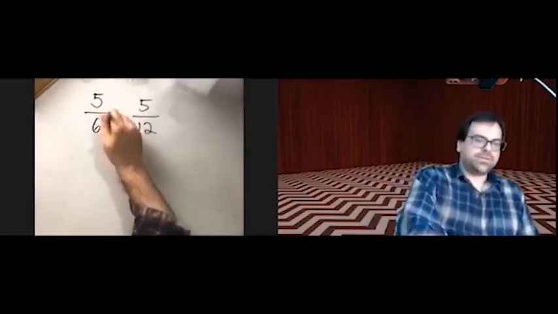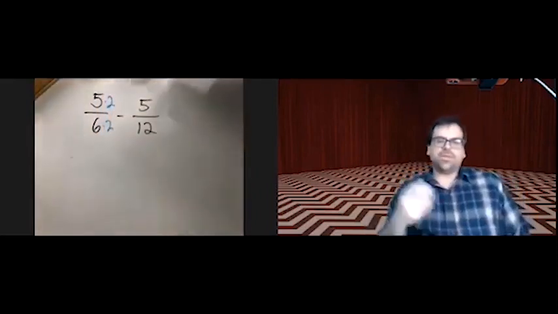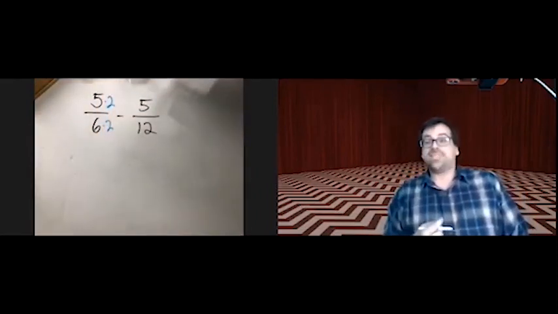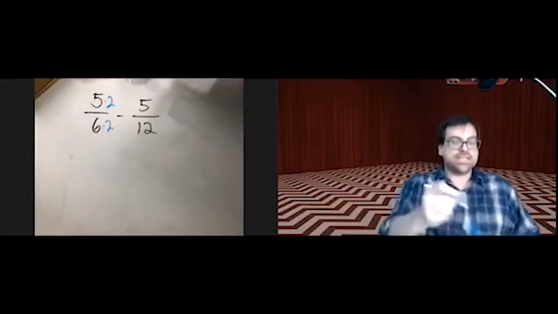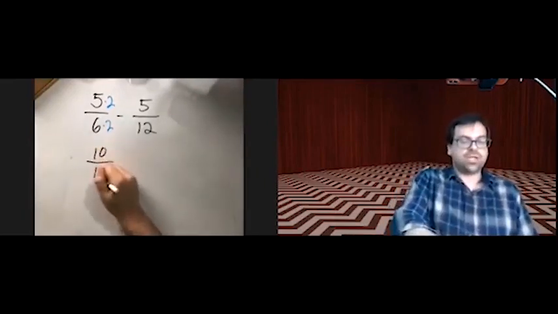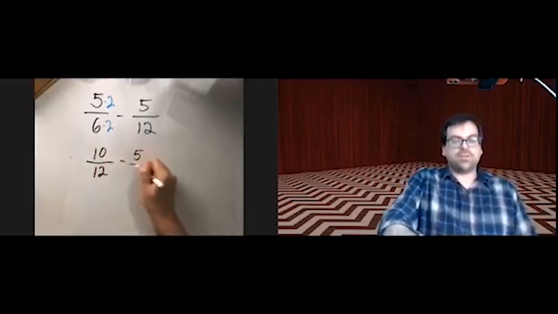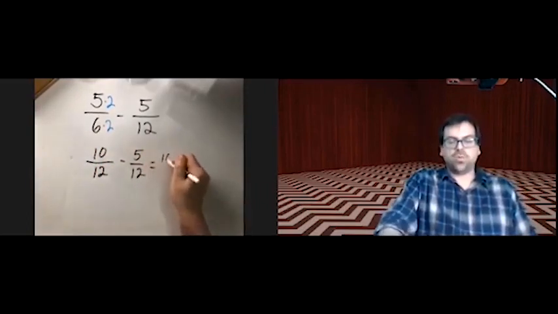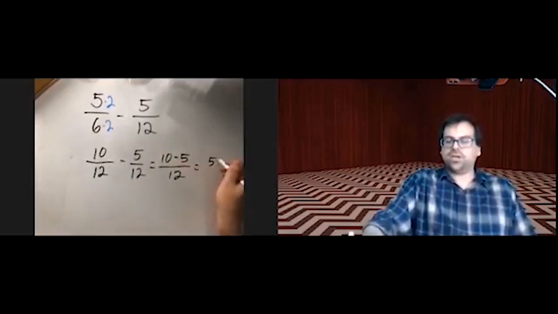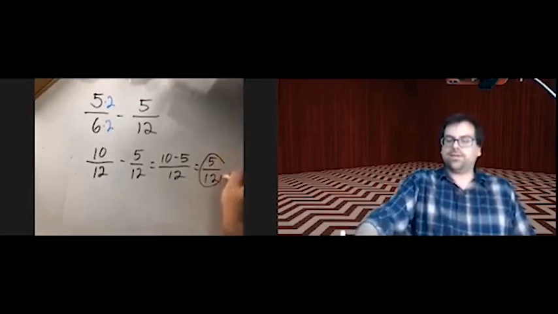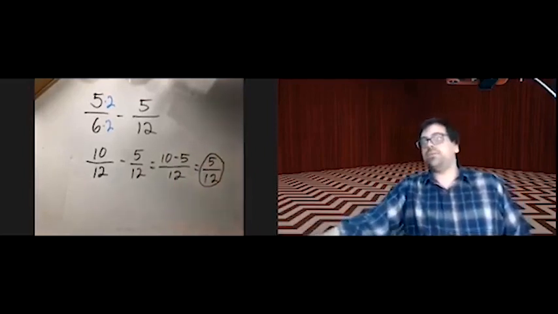But if we do times 2 and times 2, because the least common multiple of 6 and 12 would be 12, that turns these into 10 twelfths minus 5 twelfths, which is 10 minus 5 twelfths. Our answer would be 5 twelfths.